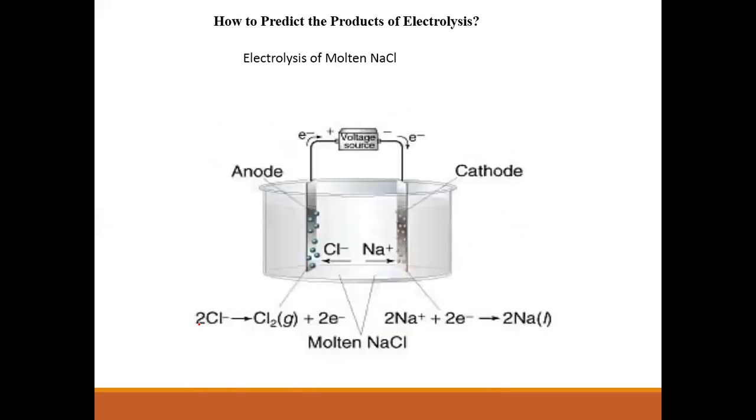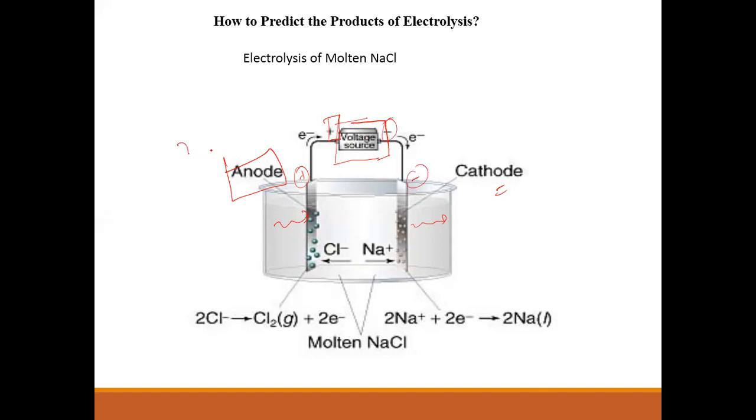Here is the setup. Here is the voltage source. The left electrode is the anode. The anode is connected to the positive terminal, that is why it carries positive charge. The right-hand side electrode is the cathode, which carries negative charge.